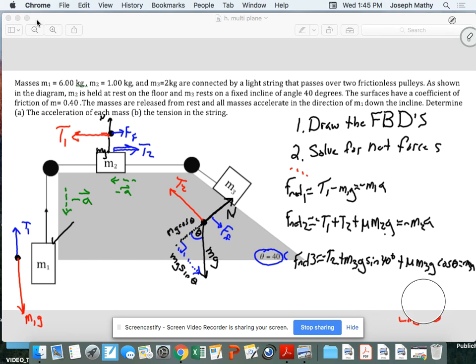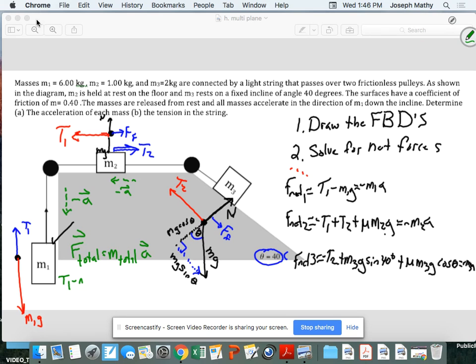With all of this, we make a master net force equation. I'm going to make it down here because I ran out of space. So we know that F total equals M total A. Let's write all our net forces together in one fell swoop.